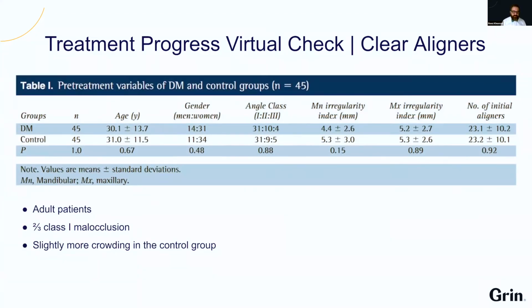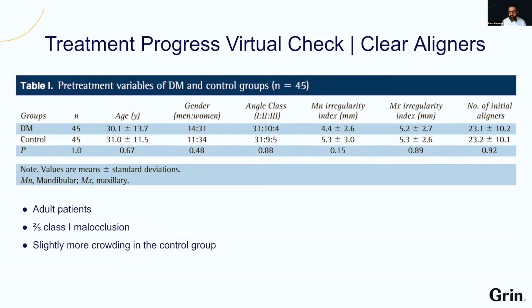When you look at the distribution of the patients in this sample, all the patients were adults, with an age range of about 30 to 31, which is very interesting, but you've got to think about that when you try to make sense of the results of these studies. About two-thirds of these patients were actually class 1.